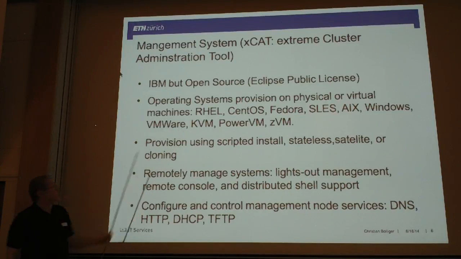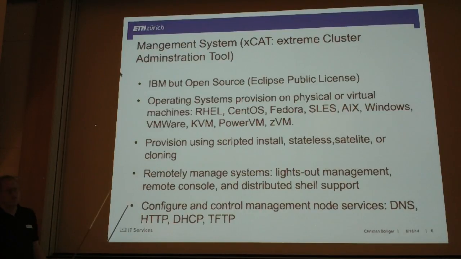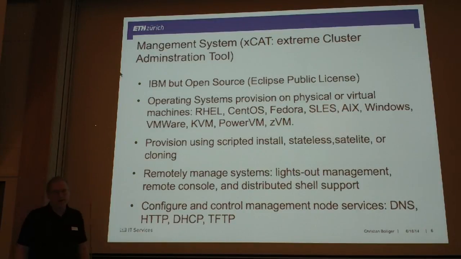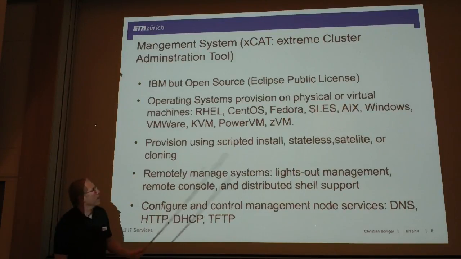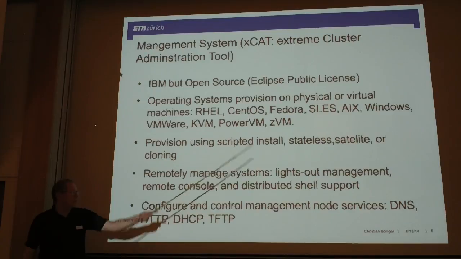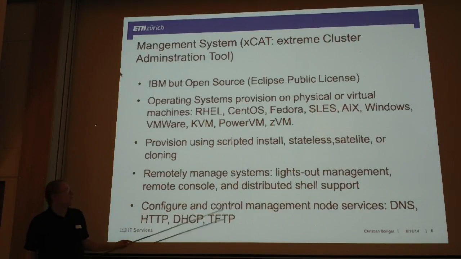It can provide virtual machines and physical machines, so Red Hat, all kinds of Linuxes, but also AIX. I didn't try that. Nobody wanted to buy me a power machine. And I didn't try it with Windows. With Windows, it works, of course, only with images, while the standard CentOS and Red Hat installation is scripted, but you can also use disk images and deploy a disk image.